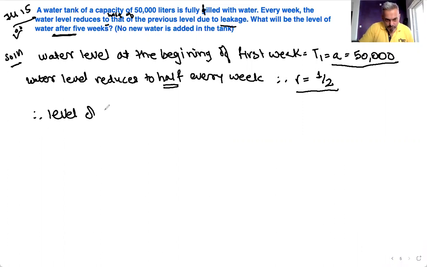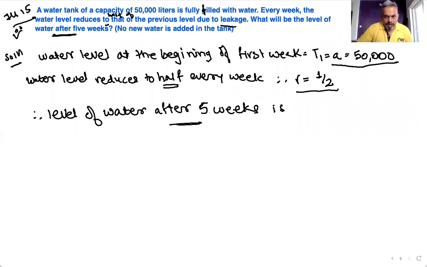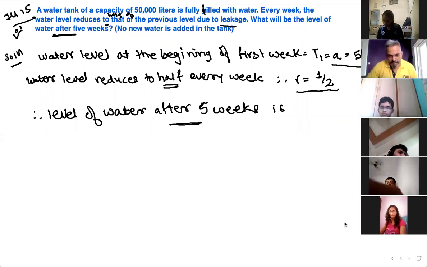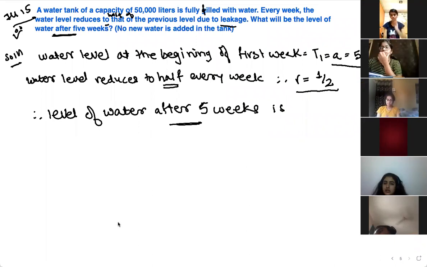Therefore, level of water after 5 weeks is, now tell me, n क्या लेंगे? आफ्टर 5 weeks है तो n क्या आएगा? 5. सॉरी, 6. 6. आंसर देख के बता. सर 5 का तो दिया है और एक तो क्या? आफ्टर 5 वीक्स है तो 5 वीक्स के बाद वाला 6.